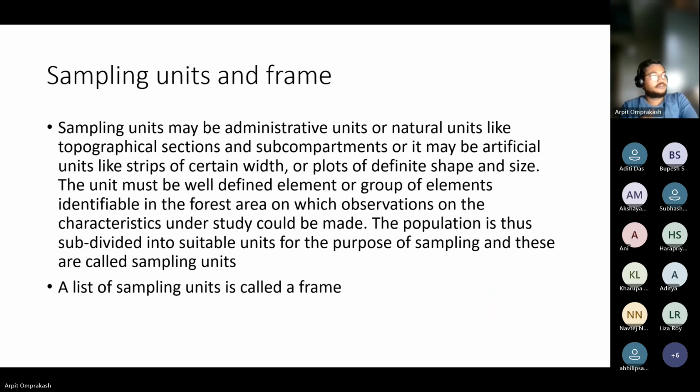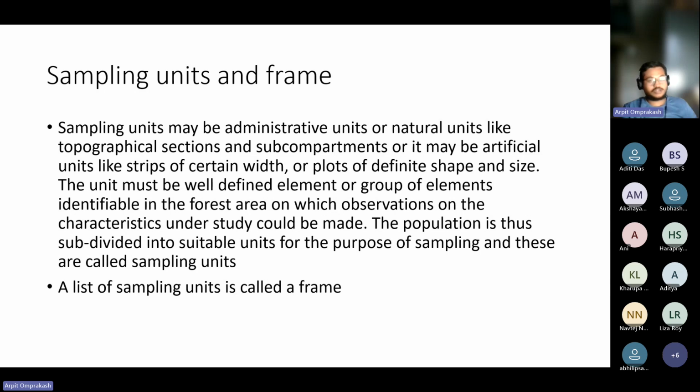Right. So when we are sampling, we have certain things called a sampling unit and a frame. A sampling unit can be administrative units or natural units, or topographical or geographical sections or subcompartments of the area we are trying to sample.